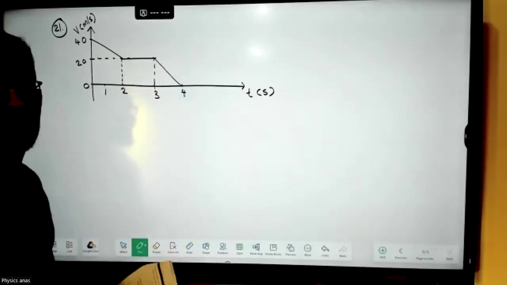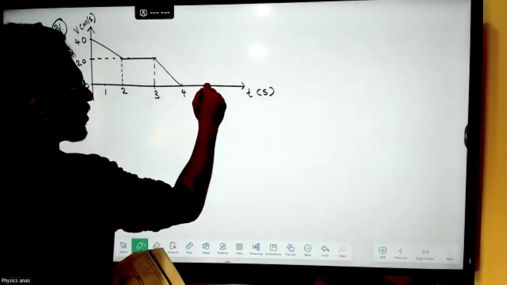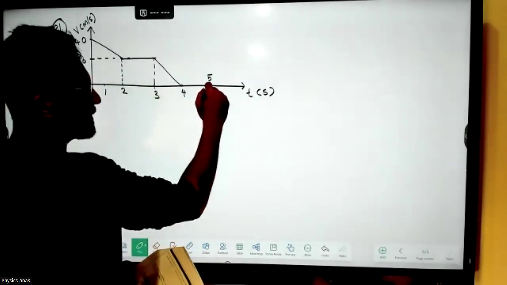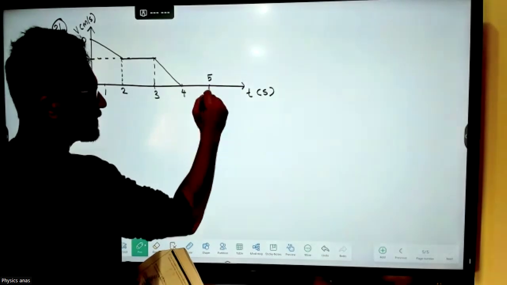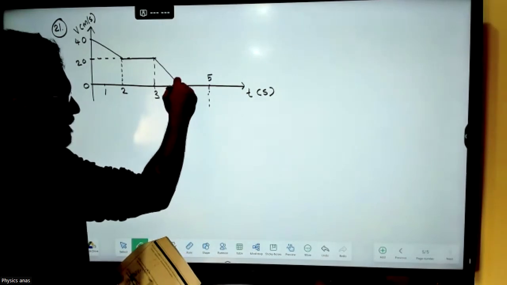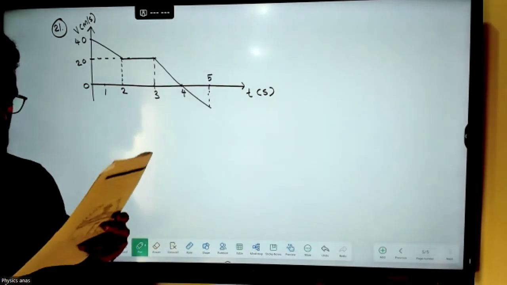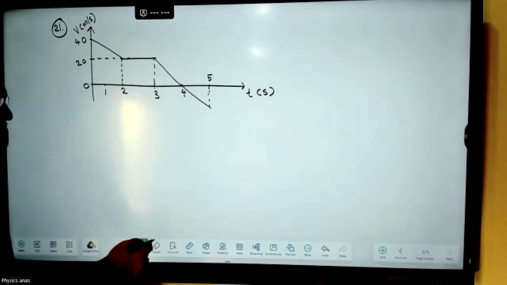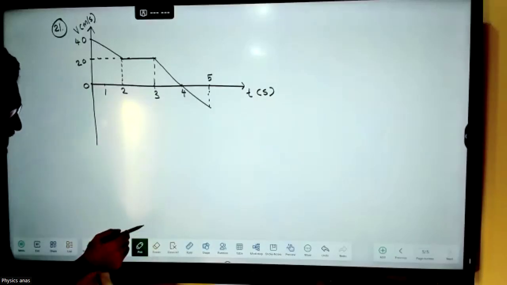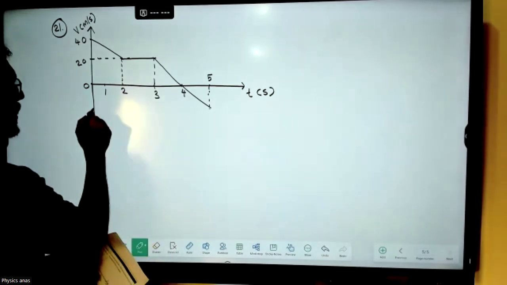From 4 to 5, I will extend the time point 5 like this. From 4 to 5, the velocity is decreasing but in the opposite direction. This is the extension of the axis. And at this point, you have another 20.